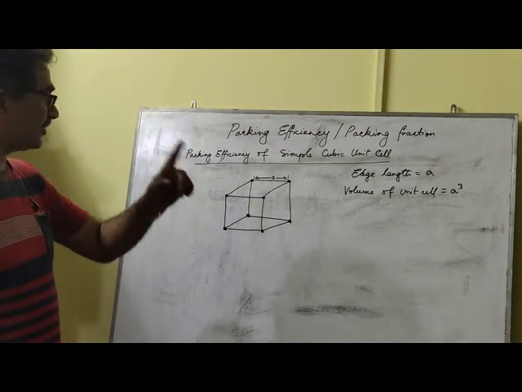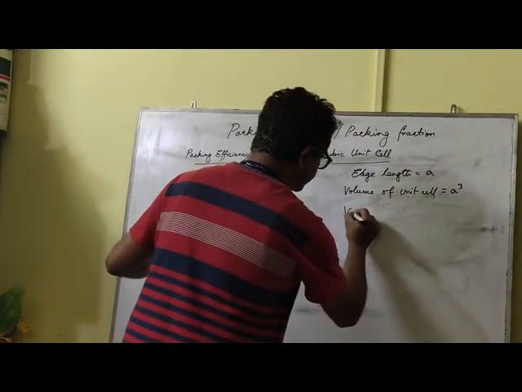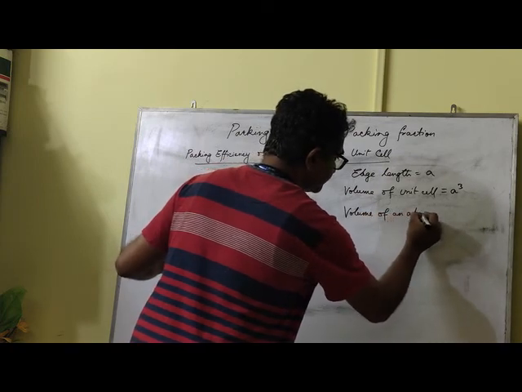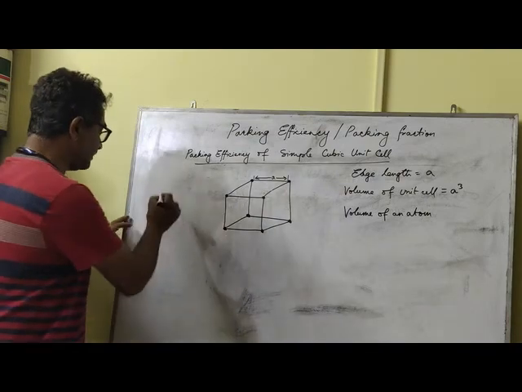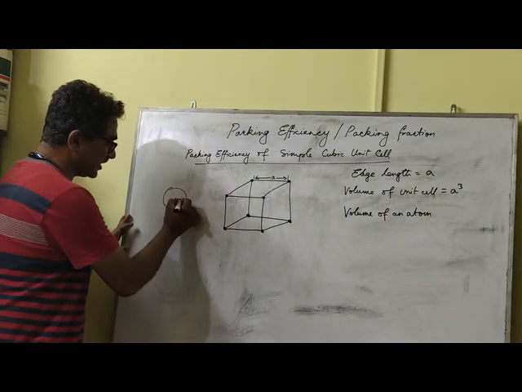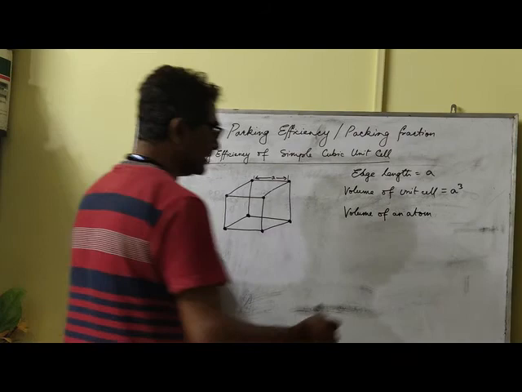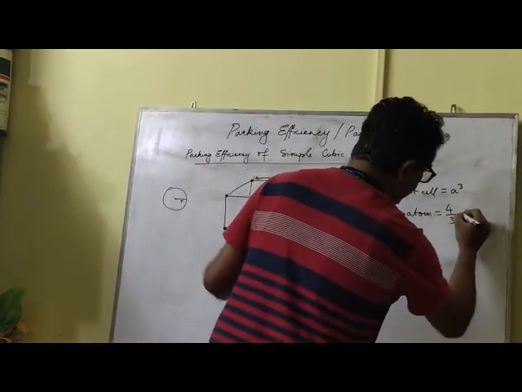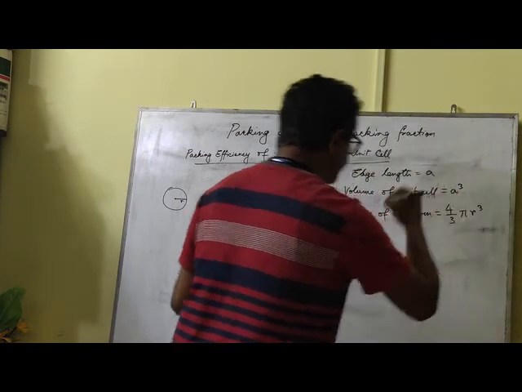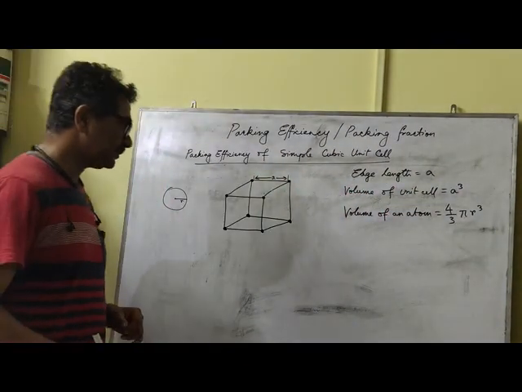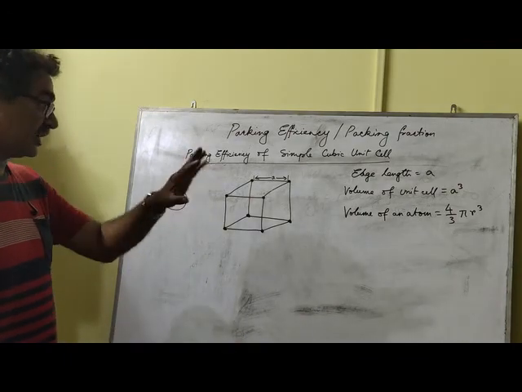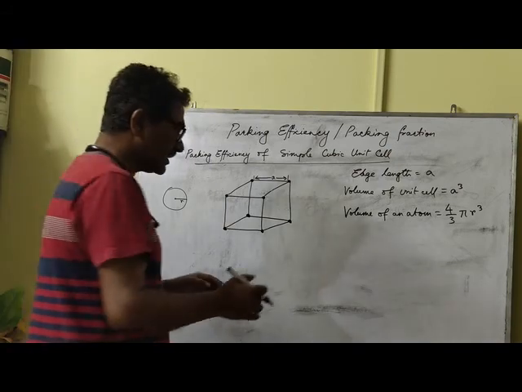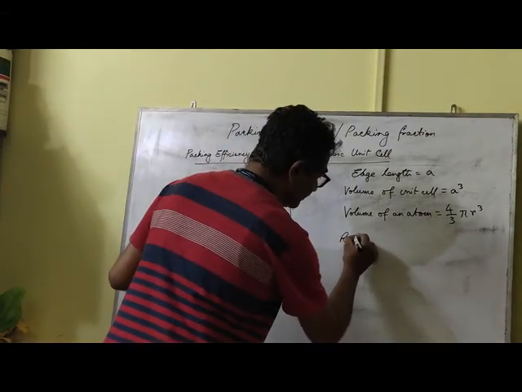And what is the volume of a single atom? Now remember, an atom is in the form of a sphere. So if this is the radius, what is the formula? The formula is the volume of a sphere, that is 4 by 3 pi r cube. So that's the volume of an atom. And what else do we require? We require the relationship between the edge and the radius of the atom, which we found in the prior video.